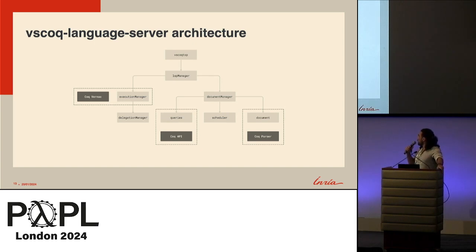And we have our document model, which will communicate with the Coq parser. All these things use a reactive programming pattern. They will create events which will bubble up and then get handled by the top level, going through an LSP manager, which will handle everything LSP-wise: receiving notifications, sending out notifications, receiving requests, handling them.